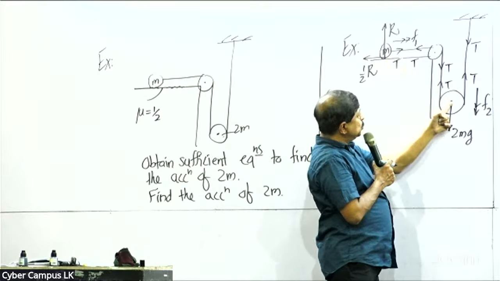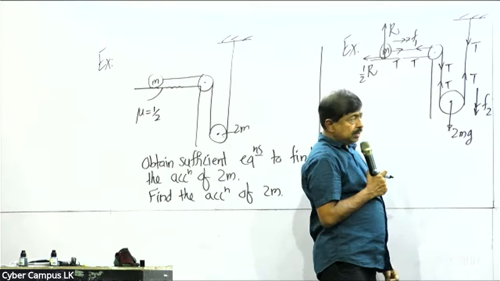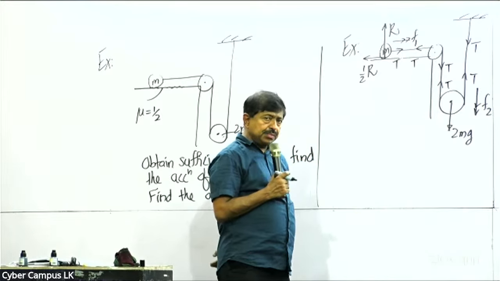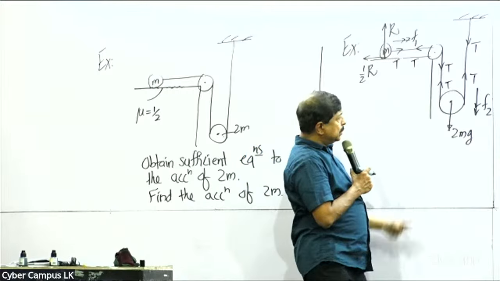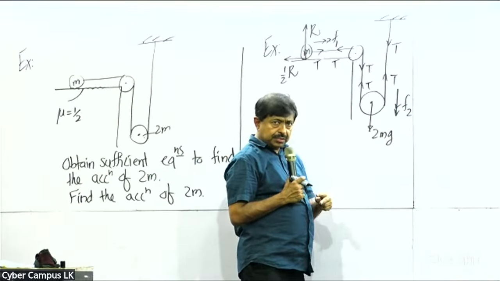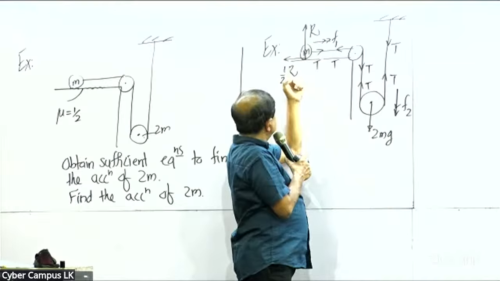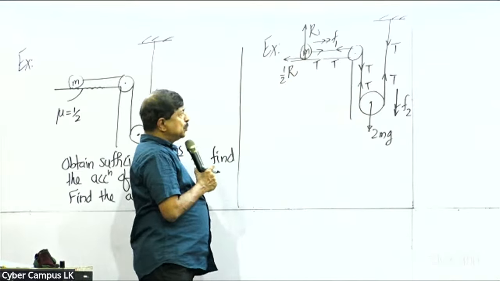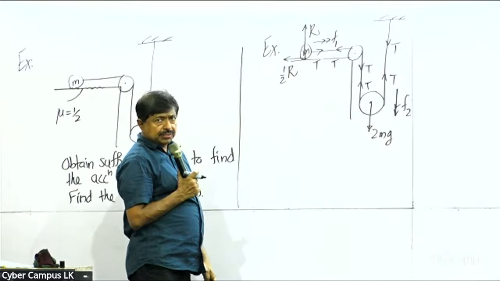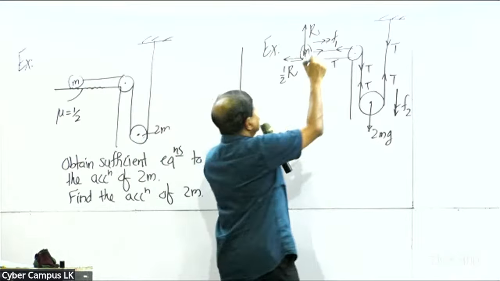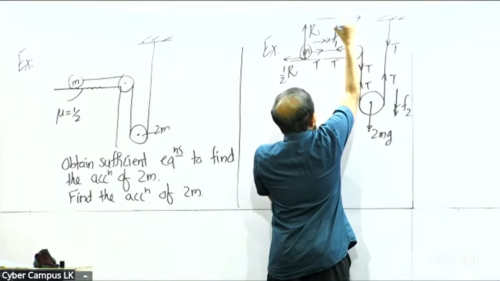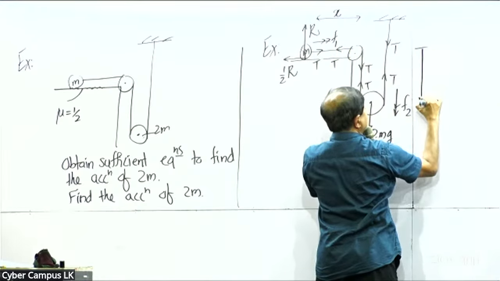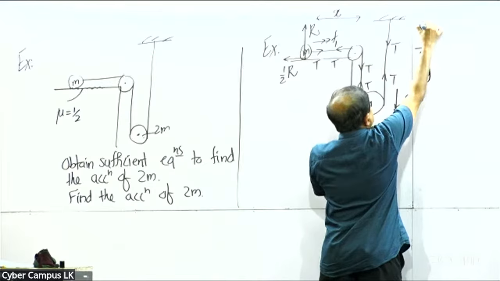However, there are only two particles moving. Therefore, if you apply F equals ma, you usually get two equations without reactions. However, you need a third equation because there are three variables. So you use derivatives. Take this length as x, take this as y.